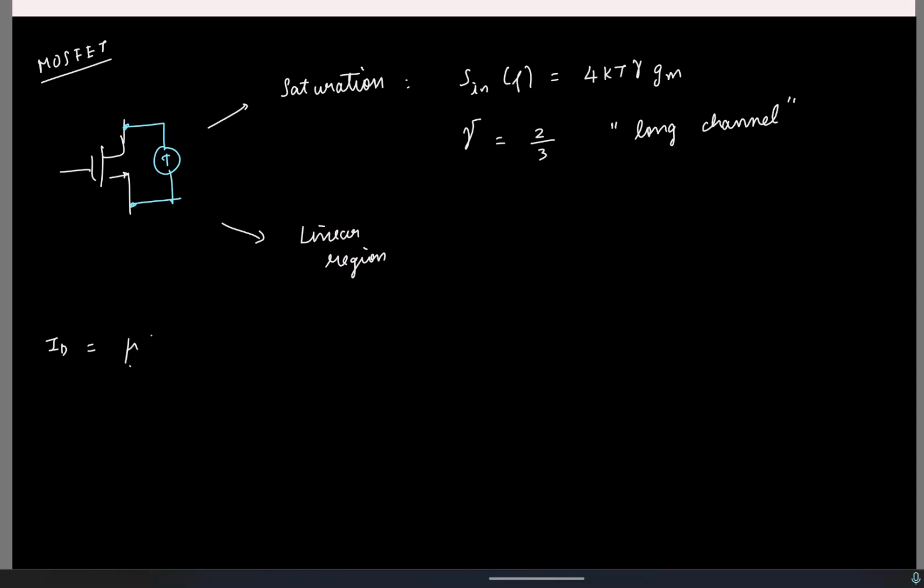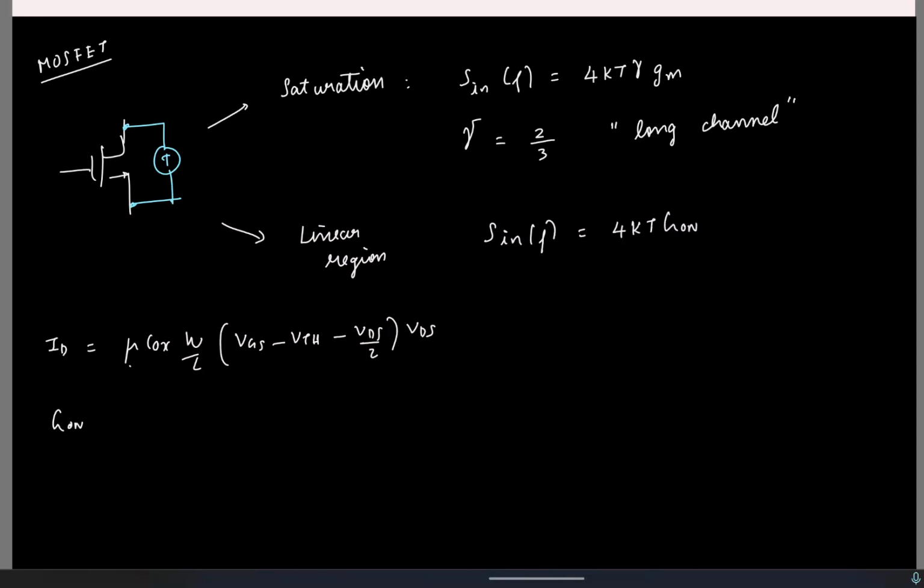Let's say μCox W by L times (VGS - VT) VDS, and I'll write it like this. The conductance is the derivative of current with respect to VDS. So we'll have some on-conductance Gon, and since it behaves like a resistor in the linear region, the current noise can be modeled as 4kT times Gon.